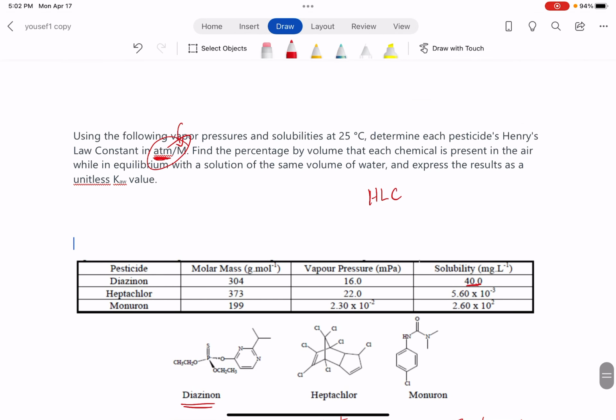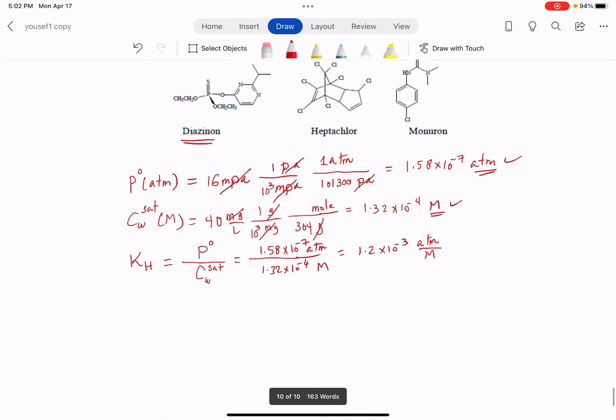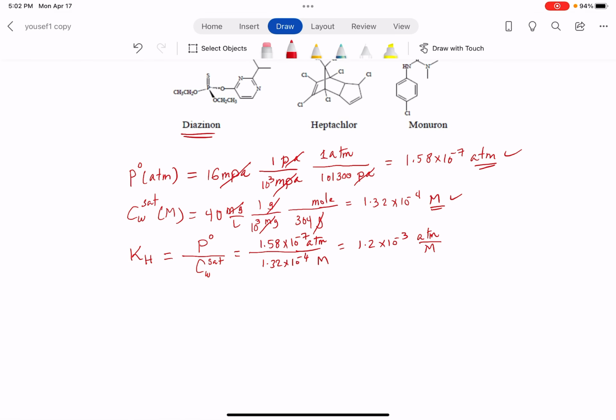And then he needs us to find the percentage by volume that each chemical is present in air. We could use the same mass balance approach that we did in class, to calculate the fraction of each component in the air of the air-water system. That is as follows.